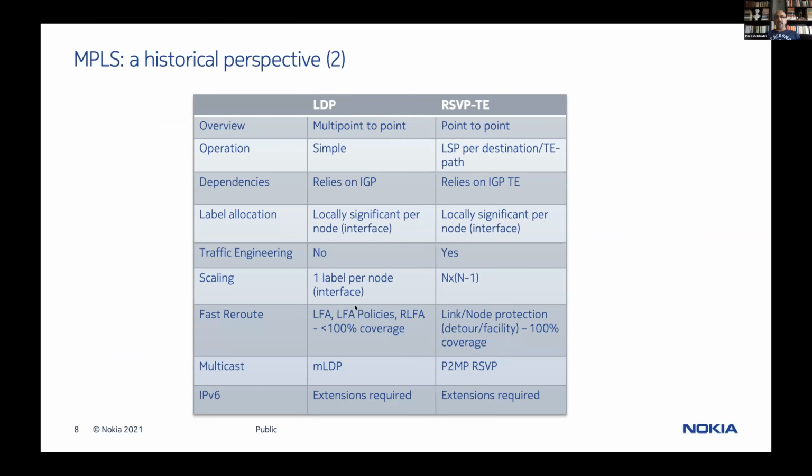So LDP is a multipoint-to-point construct. So we can have multiple ingress nodes sending traffic using the same LSP to an egress endpoint. With RSVP-TE, it's a bit more complex. It's point to point. So for every pair of communicating nodes, you have to signal an LSP. So by definition, that makes it a little bit more complex. LDP relies on the IGP.